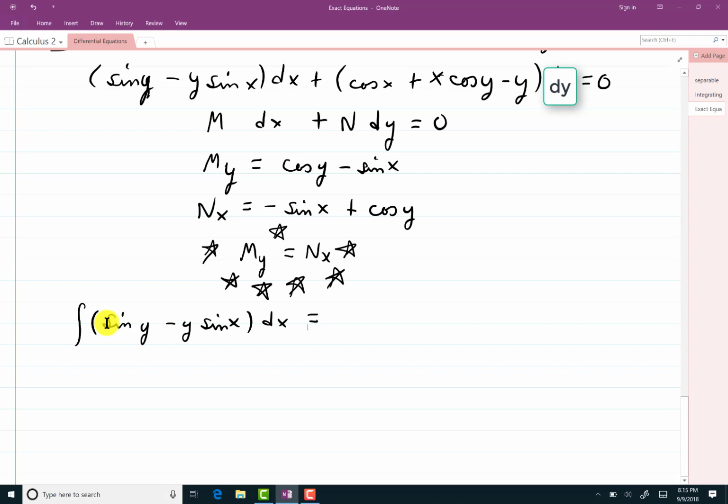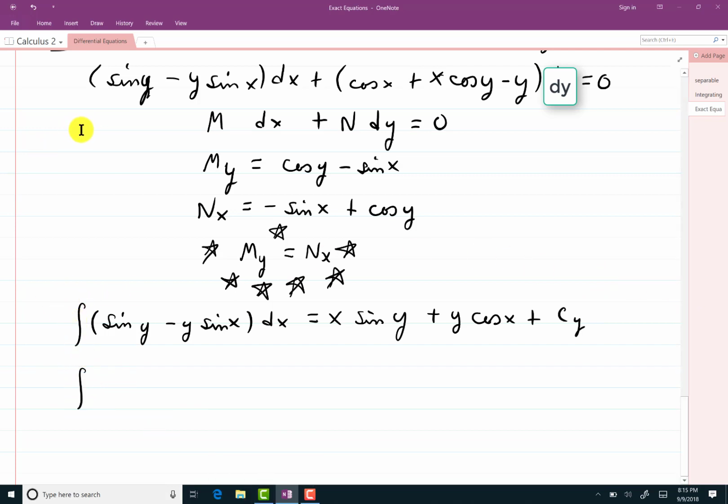So I will just get here x times sine of y. And here, the y is a constant. I'll have minus y times negative cosine of x. So I get plus y times cosine of x. And don't forget to attach the c sub y. There may be a function of y alone that pops out as a result of this integration.